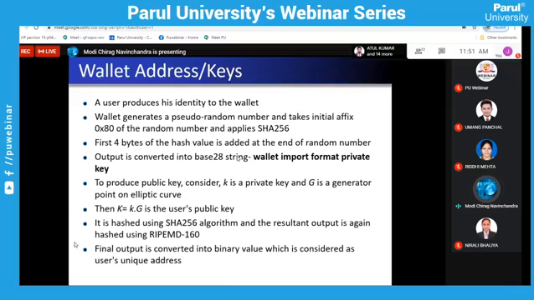This will create a 256 bit hash value. Now the first 4 bytes of this hash value will be appended at the end of the random number the wallet has generated, and this output will be converted into a base 58 string, and this is called the wallet import format private key. This is your private key, which should not be revealed.